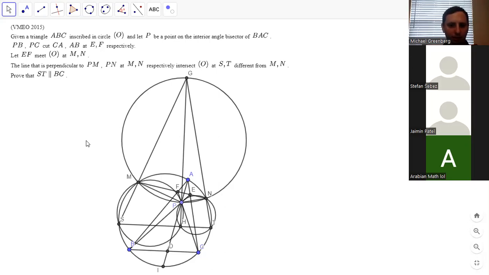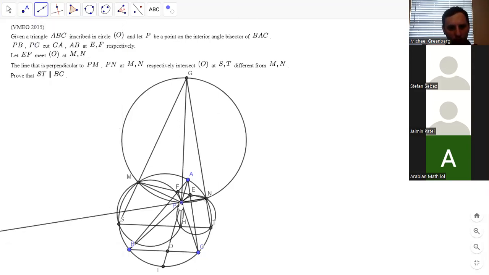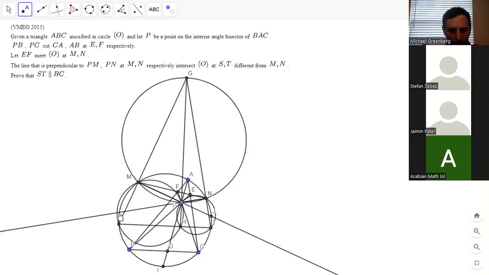Intersect PM and PN with the circumcircle. Okay. So that would give us some diameters, right? It looks like this line is also parallel. That's interesting.